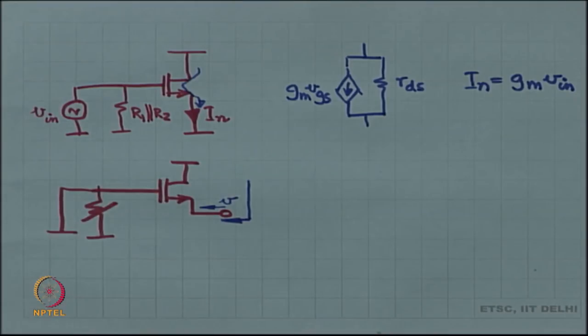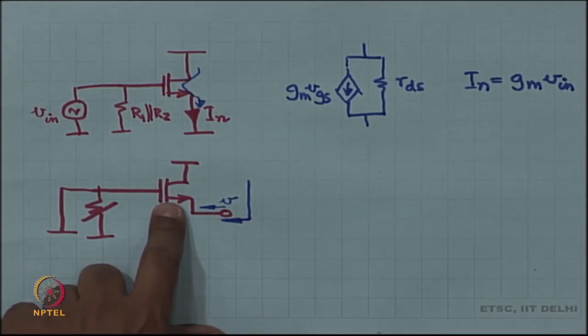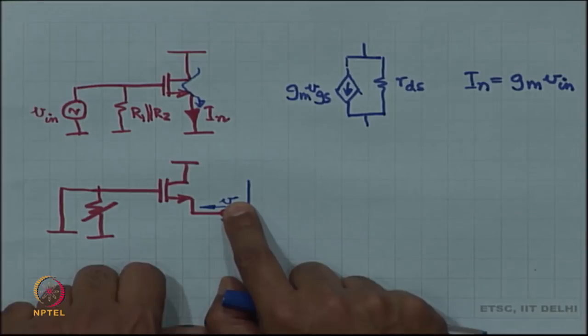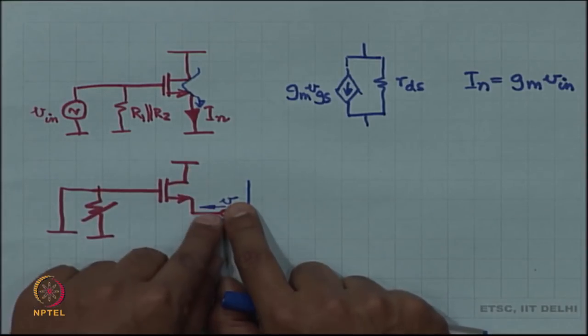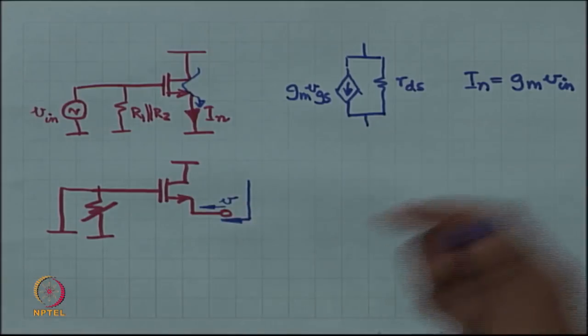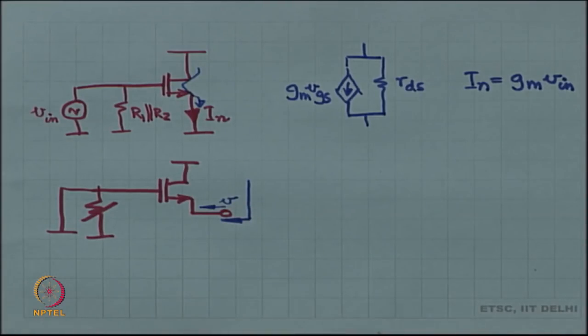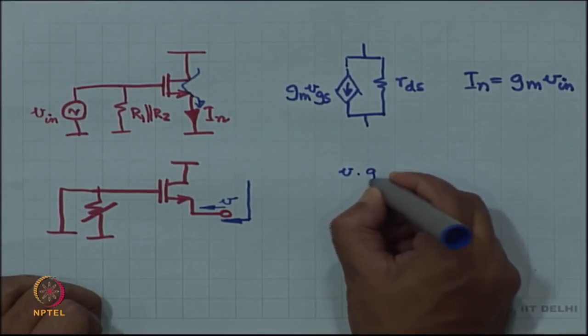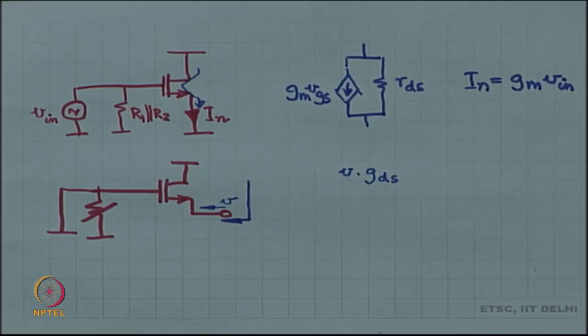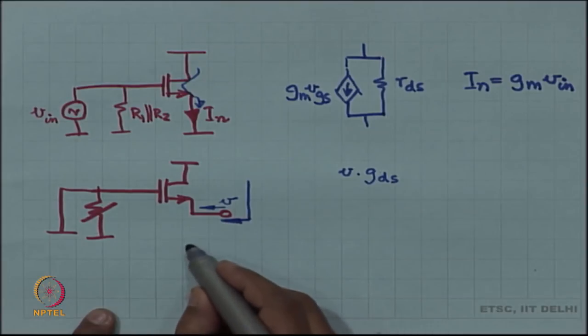Now, there are two or three things inside this MOSFET. The first thing that is there is RDS. If I apply V over here and I have got RDS connected between V and ground, what is the current in RDS? It is V by RDS, or in other words it is V times GDS, that is one current going. Then there is a parallel path. Once again imagine the MOSFET.